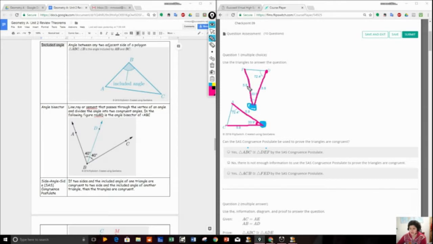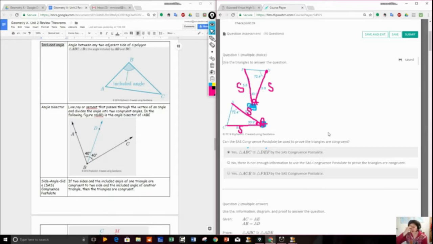EF is 5.8, so we have the side, an angle, and the side. We have the corresponding side, the corresponding angle, and the other corresponding side. So we have side, angle, side. So yes, triangle ABC is congruent to triangle EDF by the side, angle, side congruence postulate.